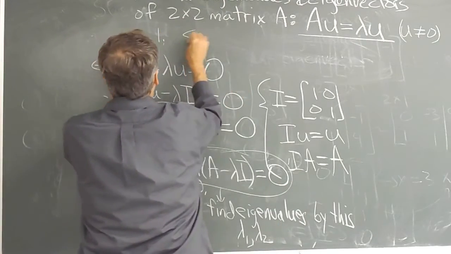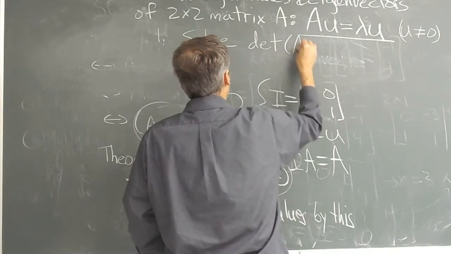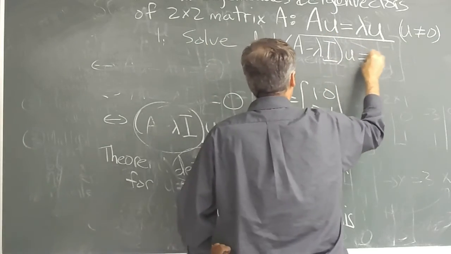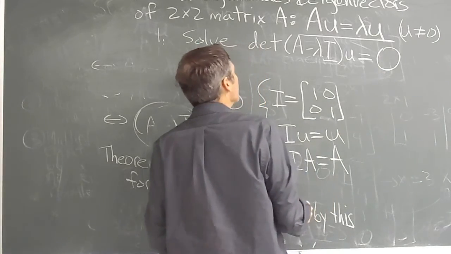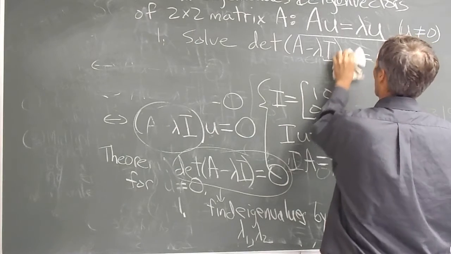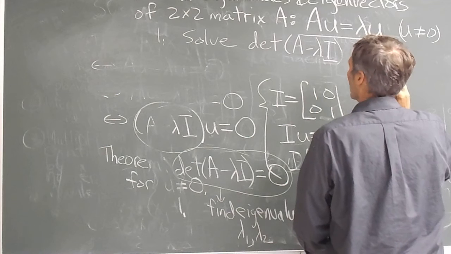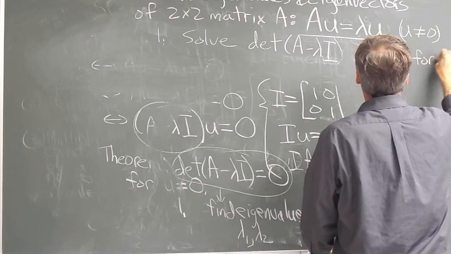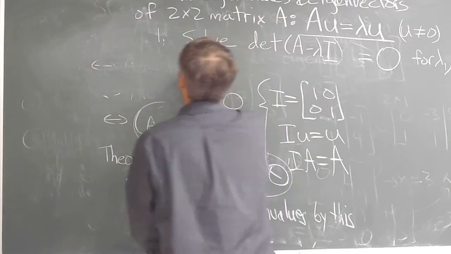One, we solve determinant of A minus lambda I equals 0, the number 0, not the 0 vector, for two eigenvalues, lambda 1 and lambda 2. This will always give us a second degree polynomial equation.